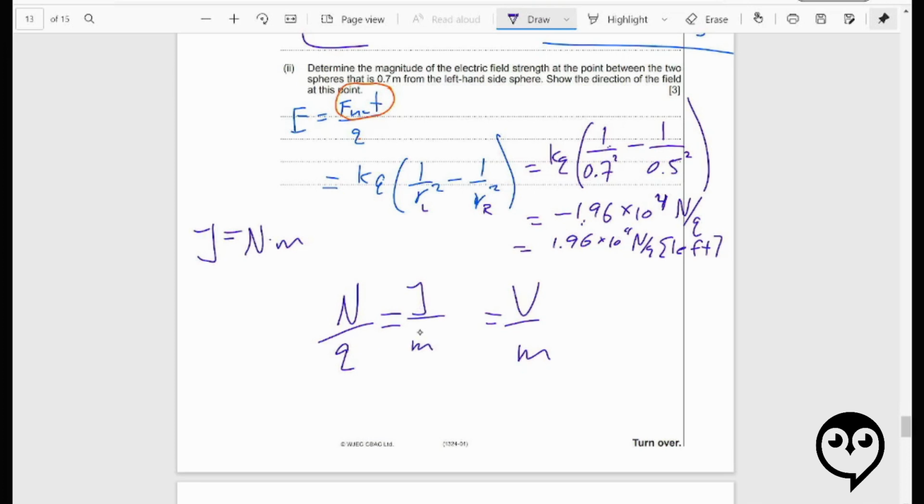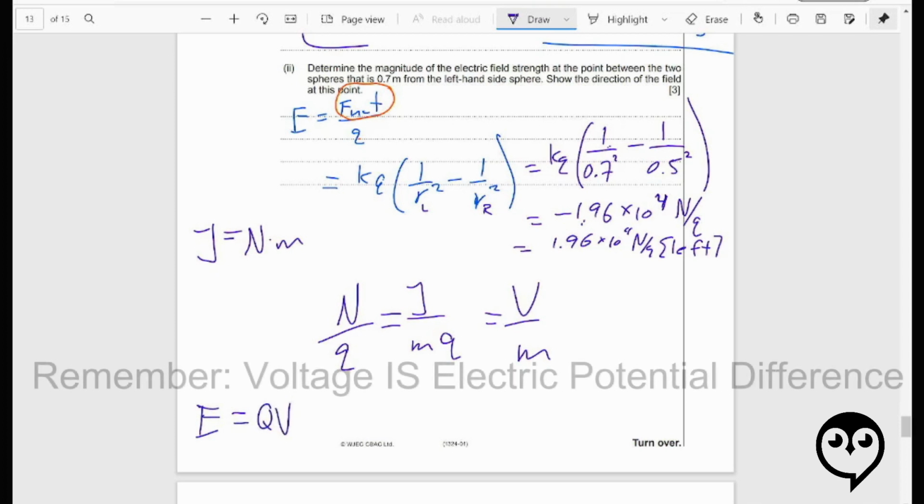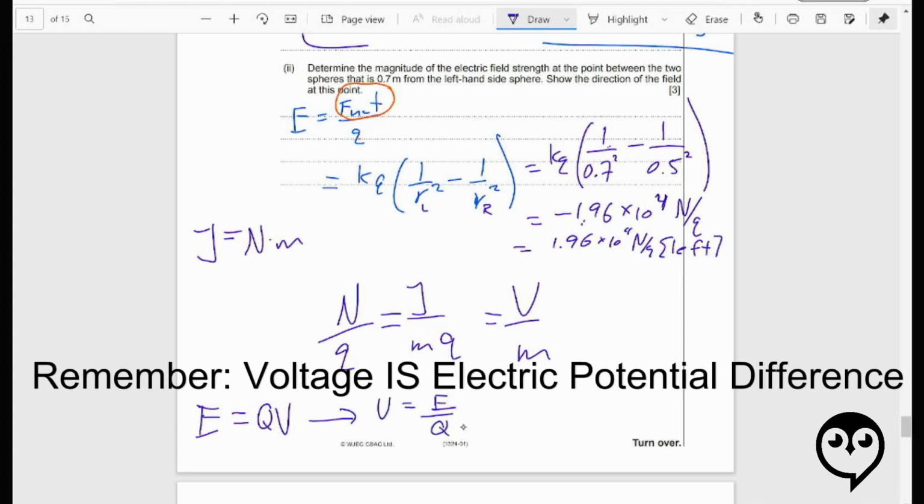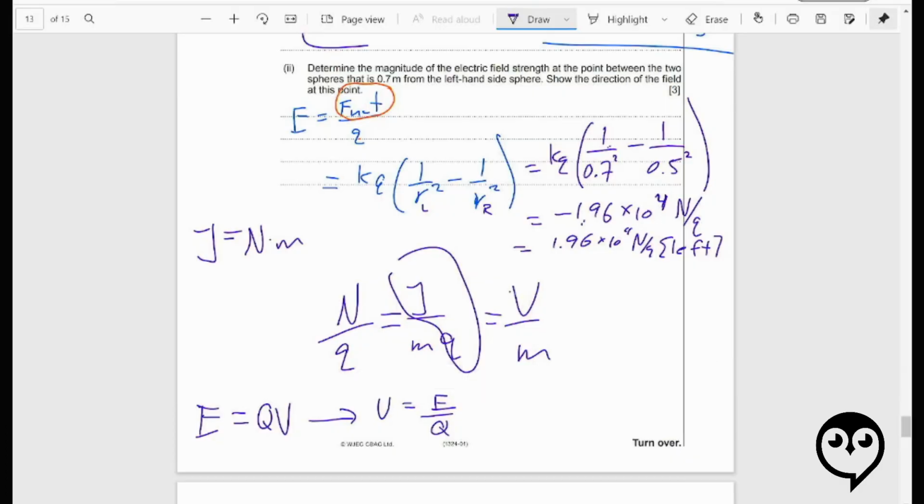And I've got a charge underneath. Then we've got that other equation where we said that energy was equal to charge times voltage. That means that voltage is equal to energy over charge, which is what I see here, and that's why we got volts per meter. So yes, the units either way work out.